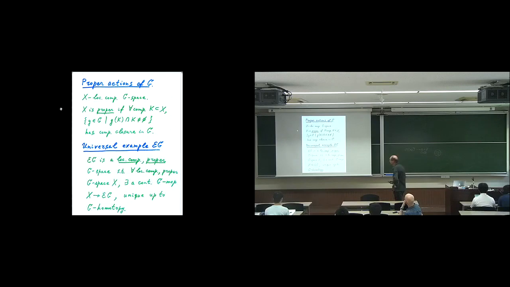Lemma: there exists a locally compact space EG with a proper action of G, such that for any locally compact proper G-space X, there is a continuous G-map into EG. So it's a kind of universal space.